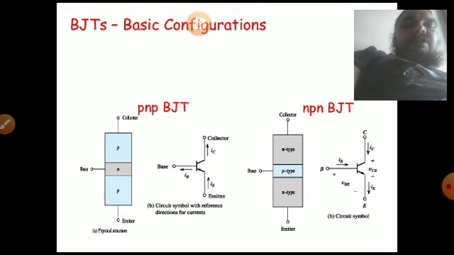This is the configuration of the PNP and NPN transistors, and the circuit symbols of the transistors.